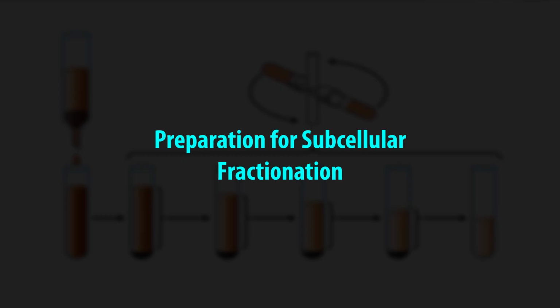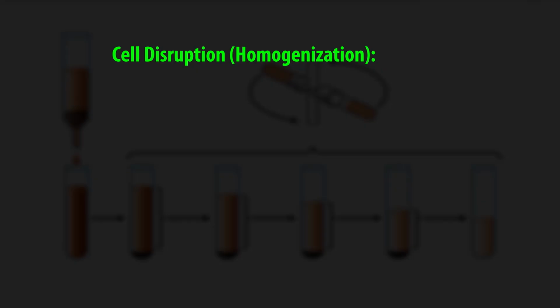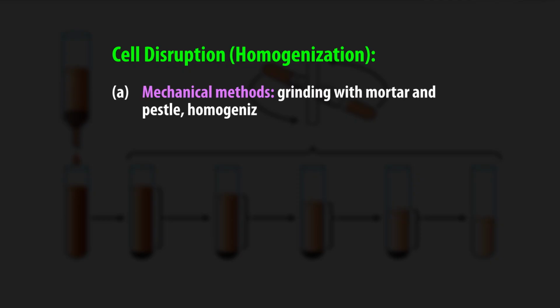Preparation for subcellular fractionation. Before centrifugation can be performed, cells must be disrupted carefully to release their contents without damaging organelles. Cell disruption or homogenization methods include mechanical methods: grinding with mortar and pestle, homogenizers, blenders, French press.